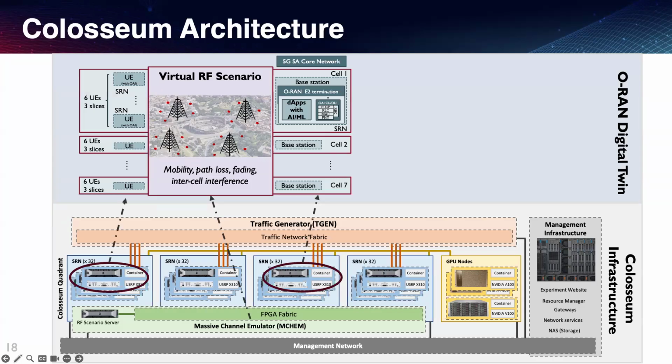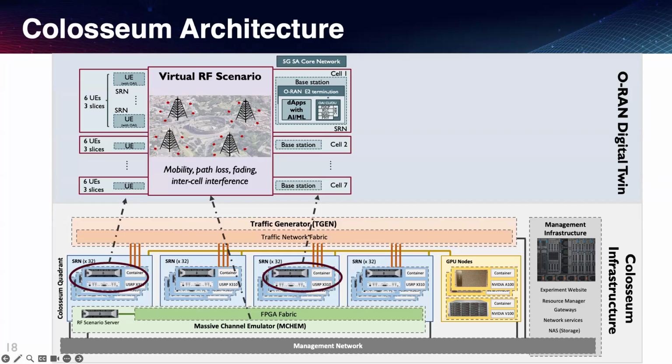And then I can have my servers, which are also called SRNs, that implement the base stations on the right of the top diagram and the users on the left of the top diagram. So I basically instantiate different cells, like 7 cells here, and I instantiate 6 users per cell. So I have a very large scale compared to what I can have in a lab setup with only a few radios.